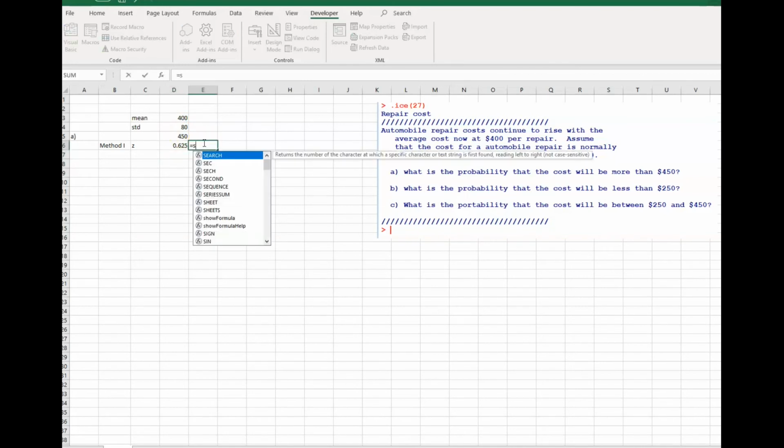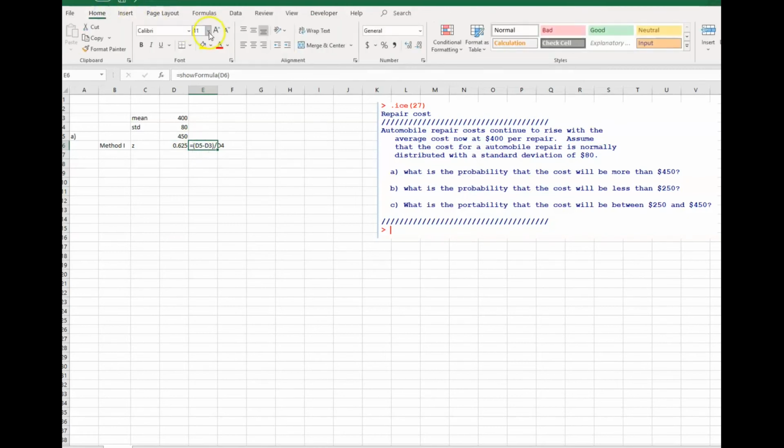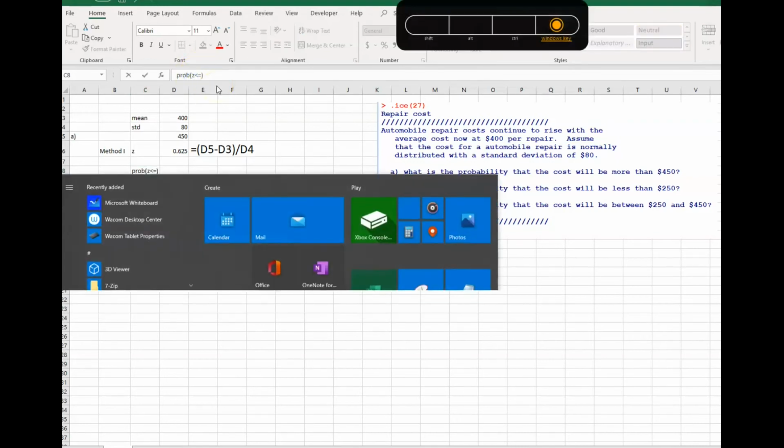I'm going to use show formula to show the formula of D6. This is my value minus the mean, divided by the standard deviation. Next, I calculate the probability that z is less than or equal to this value.